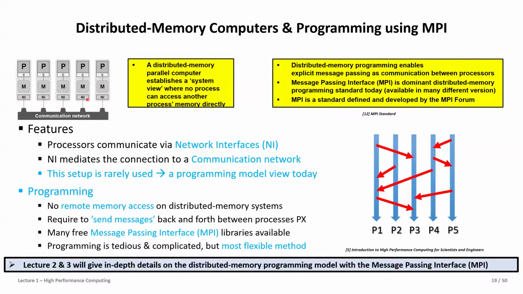Hence, you always have to go over the network interconnect. That's why we say the network interconnect is so important: to exchange messages, to put data into the memory space of another processor to work on, and then work on results from others. Or, if you want, send the message, work on it, send it back, done.